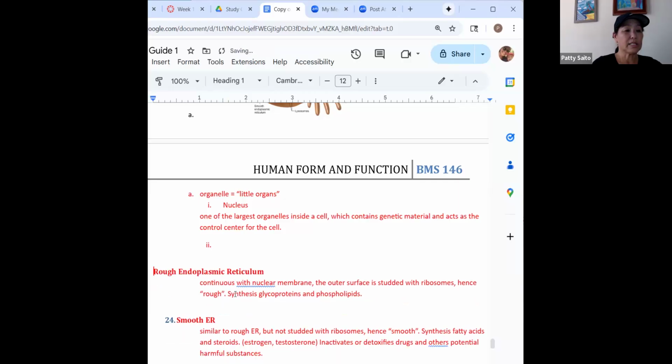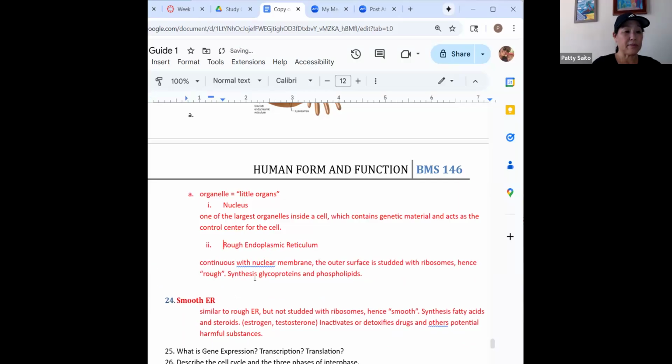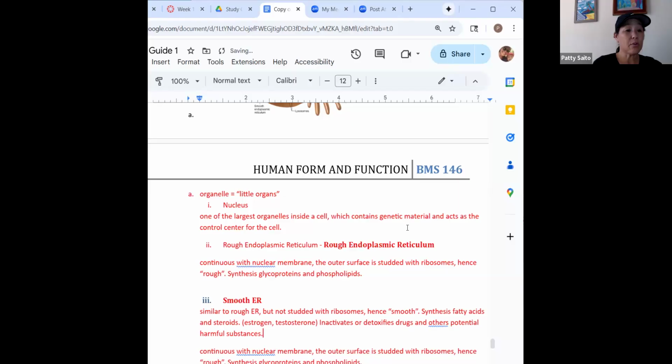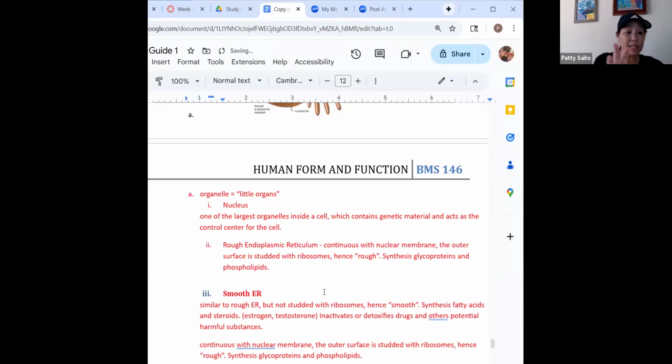All right, so let's start with the rough endoplasmic reticulum. It is continuous with the nuclear membrane. So surrounding the nucleus is a membrane.